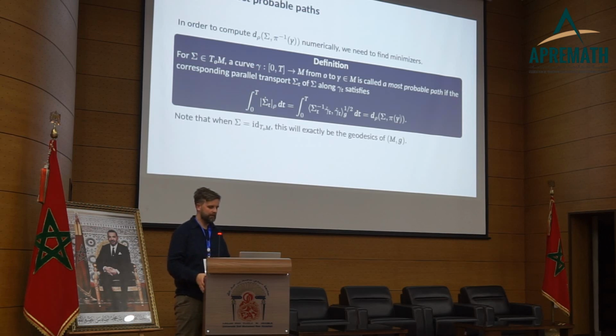What is the curve I should then follow if I want to maximize the probability? In this setting, we want a curve defined by parallel transport, going from some initial condition to some final point y, or the fiber of some final point y, and matching this exactly.